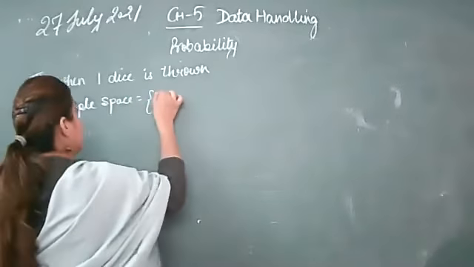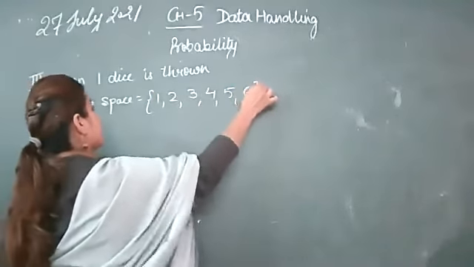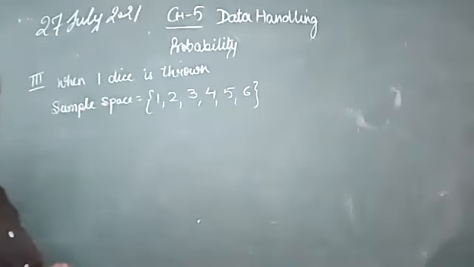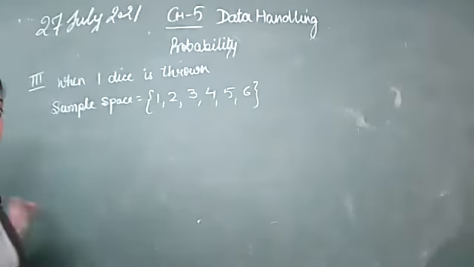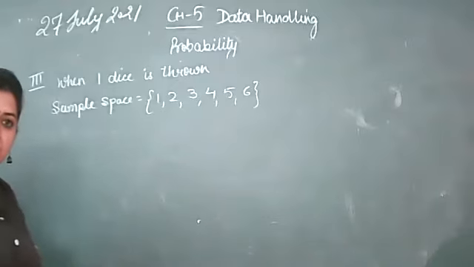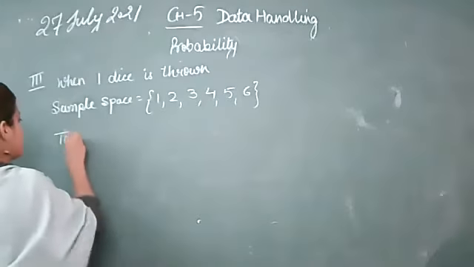That is 1, 2, 3, 4, 5, 6. You all know that in the case of a dice, you are getting 6 numbers. So I have written all the 6 numbers. What are the total outcomes here? What are the total outcomes? 6. Okay. Total outcomes.